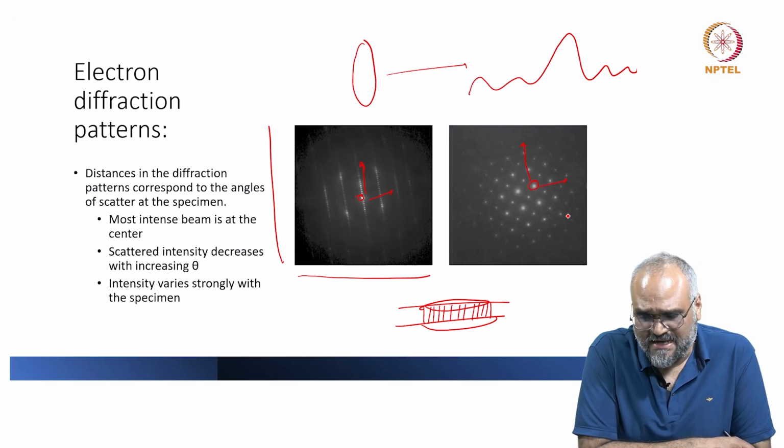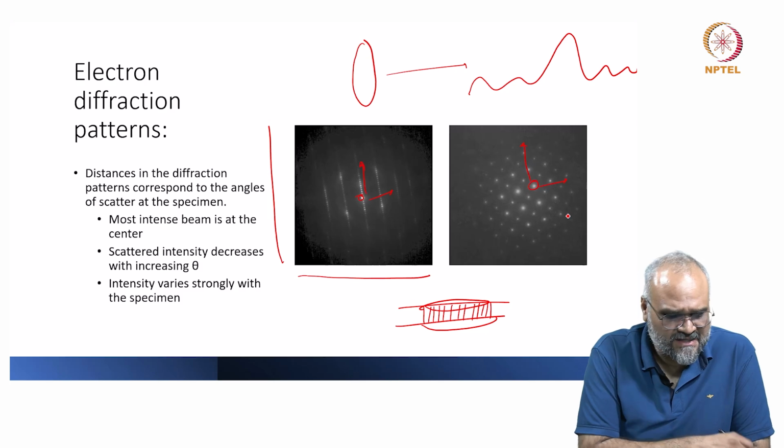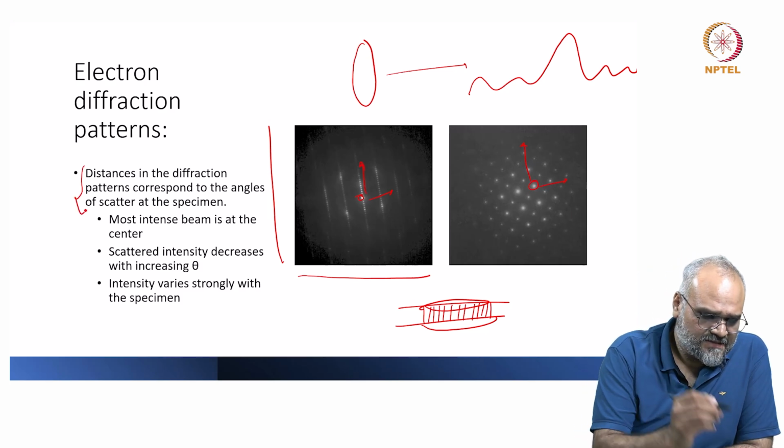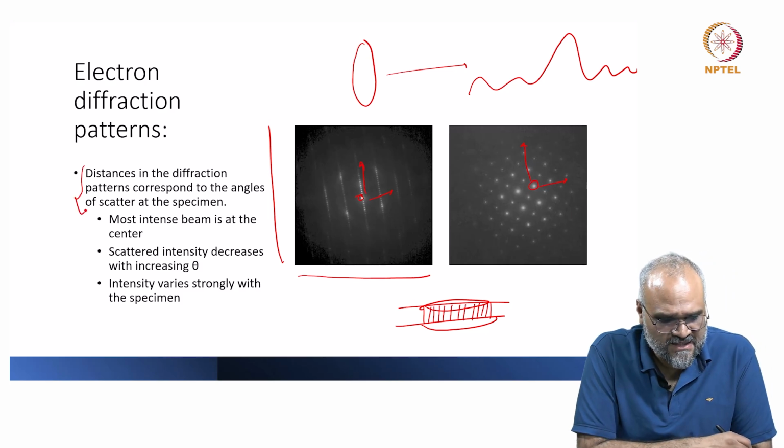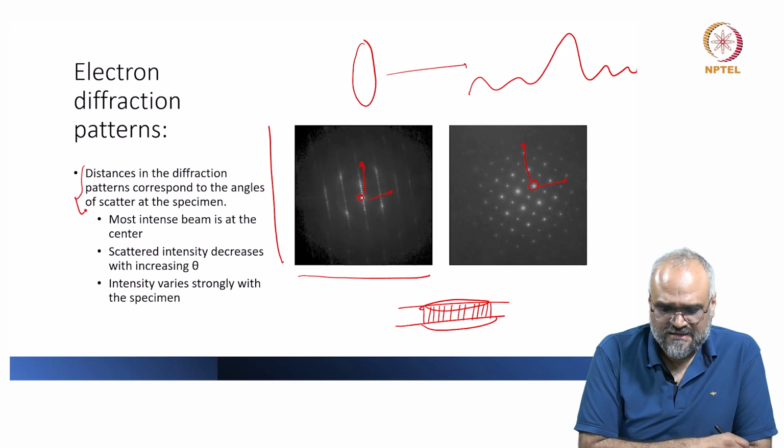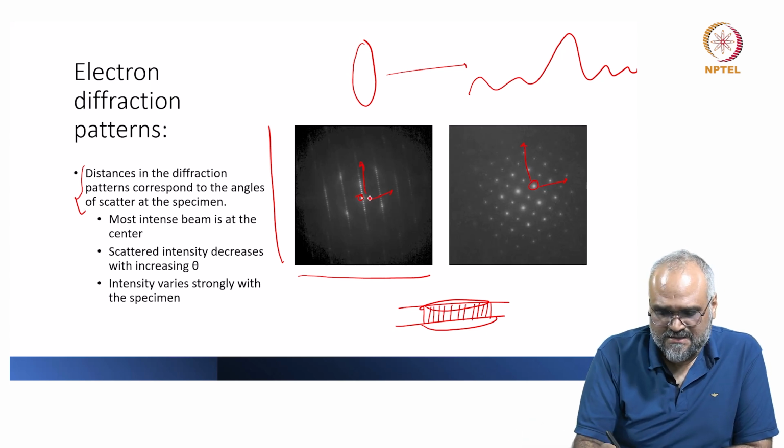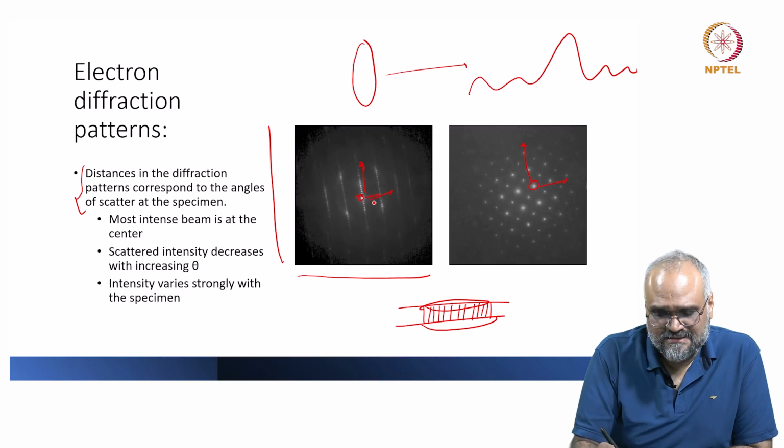So a few characteristic features of diffraction patterns: the distances in the diffraction pattern correspond to the angles of scatter from the specimen. Let us say the deviation here is approximately 2 or 3 milliradians.